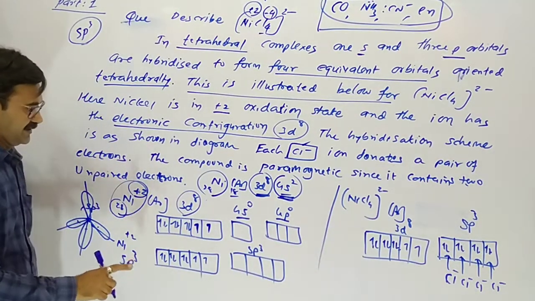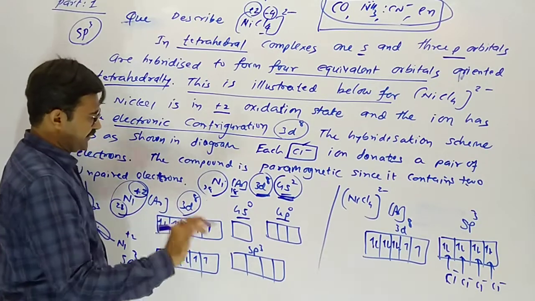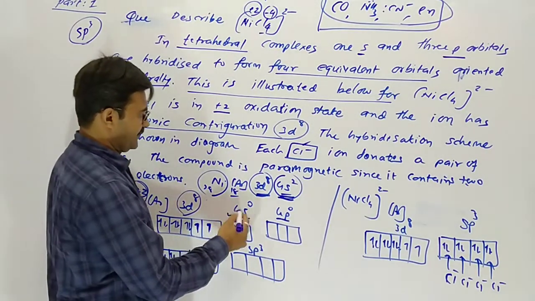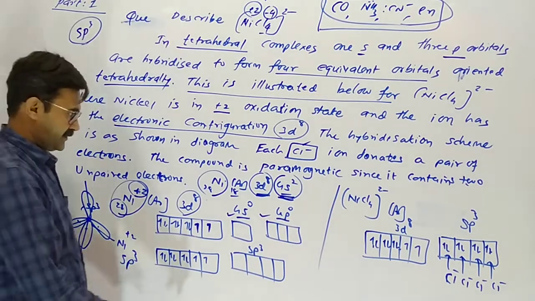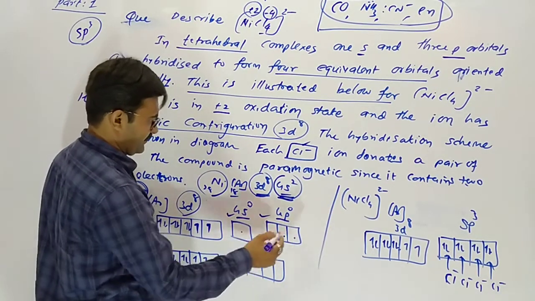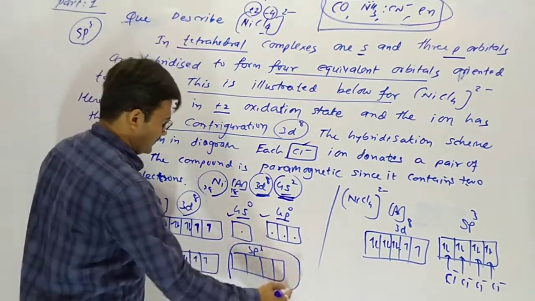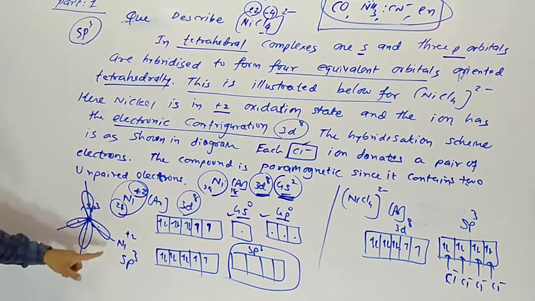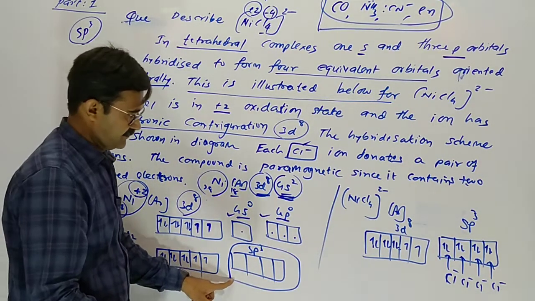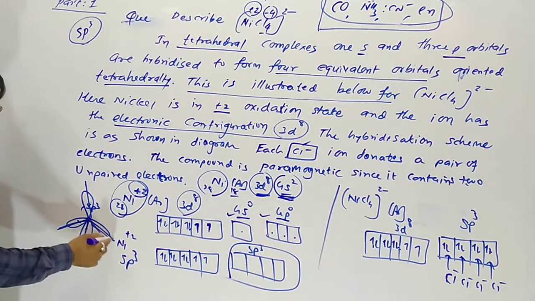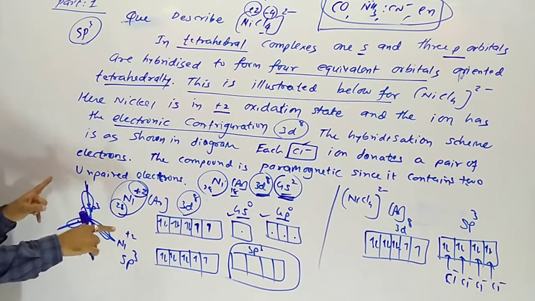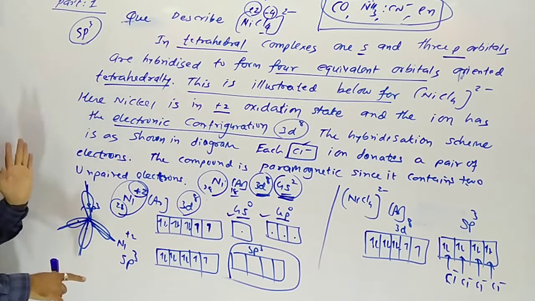So the vacant 1 4s and 3 4p combine with each other and make 4 sp3 hybrid orbitals, and all the 4 hybrid orbitals are localized tetrahedrally.